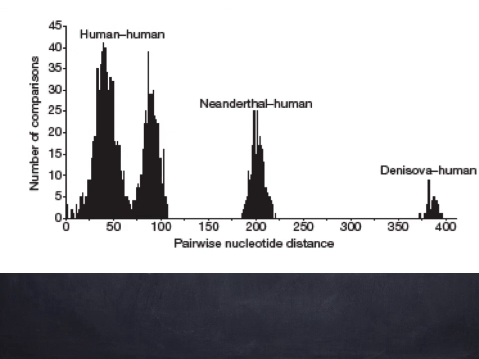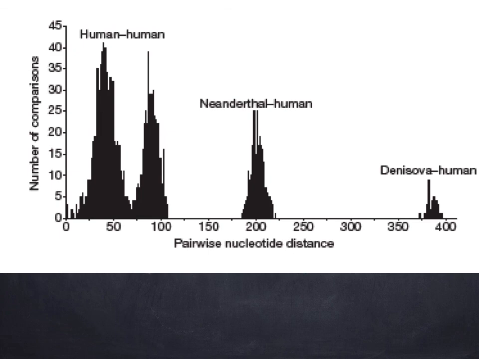So this is looking at the mitochondrial genome of humans, Neanderthals, and Denisovans, okay? And on the x-axis is how many differences there are when you compare these, okay? So on the far left, you see there are two spikes, two peaks there for human.